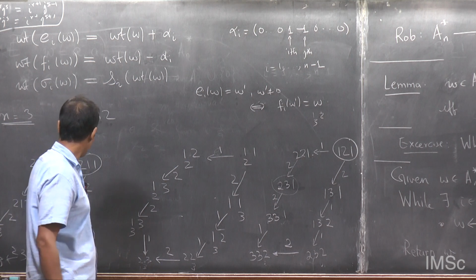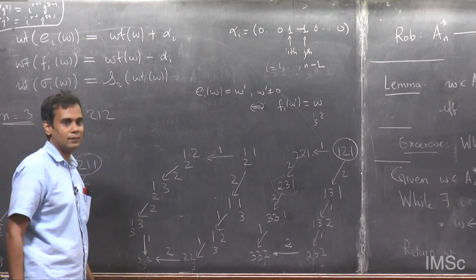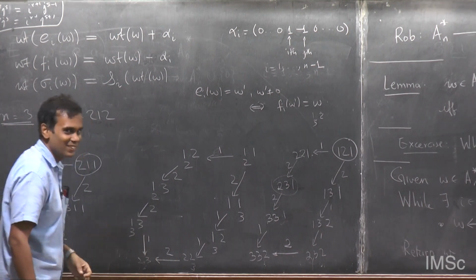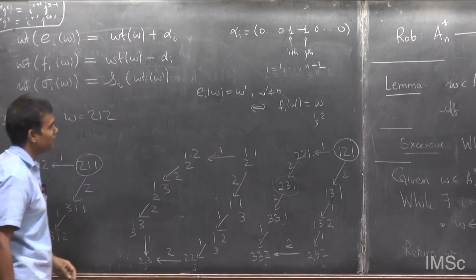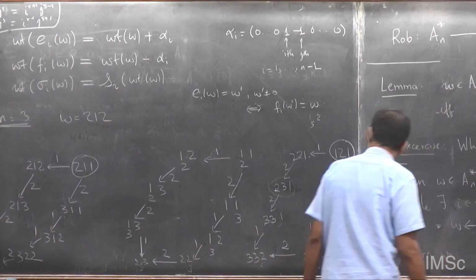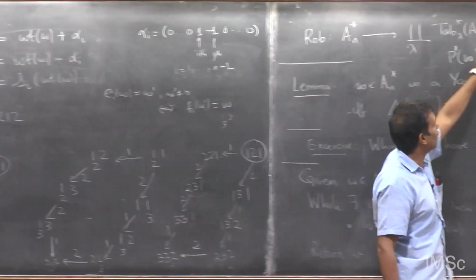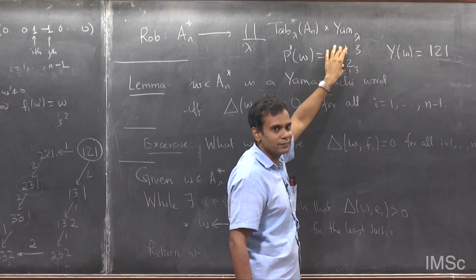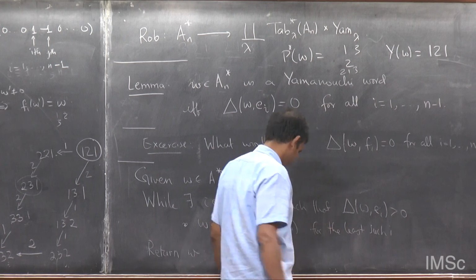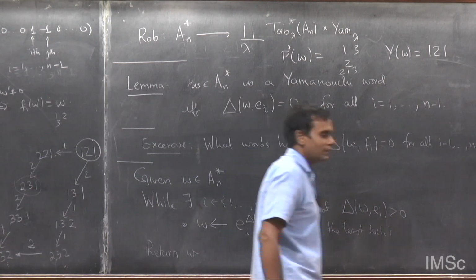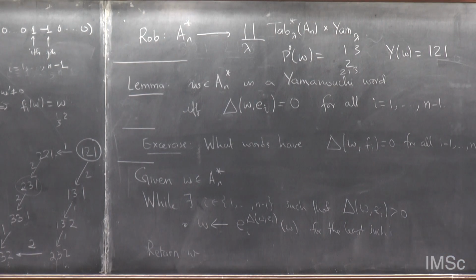So this one, for example, will be 131. When I write it like this, if it's a P star, then you should take the column word. So there are those little problems.